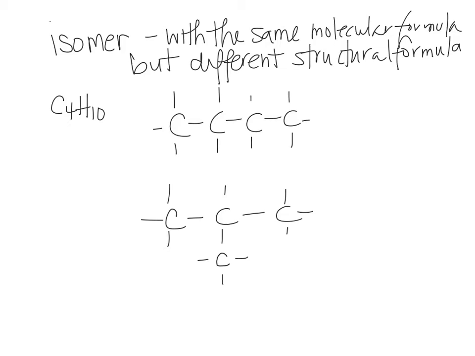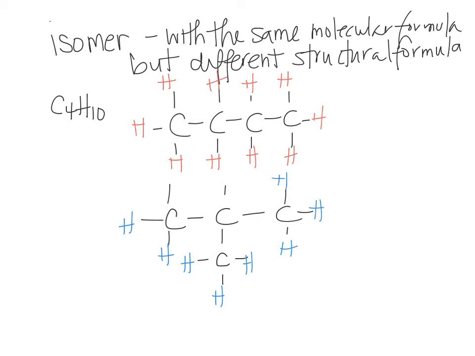Each carbon has 4 bonds. Put in your hydrogens and you'll notice 1, 2, 3, 4, 5, 6, 7, 8, 9, 10 in this structure, and 10 in the other. So they both have 4 carbons, 10 hydrogens, but they are bonded differently.